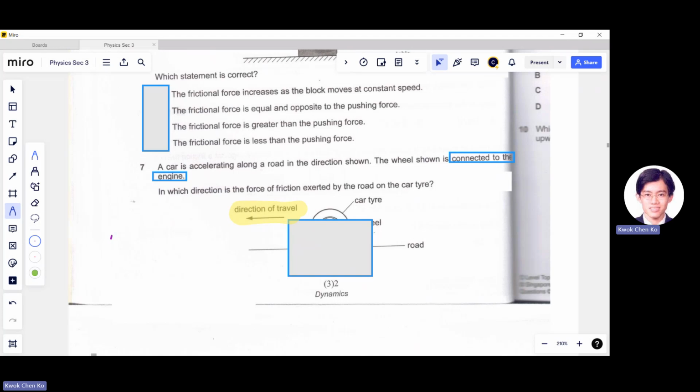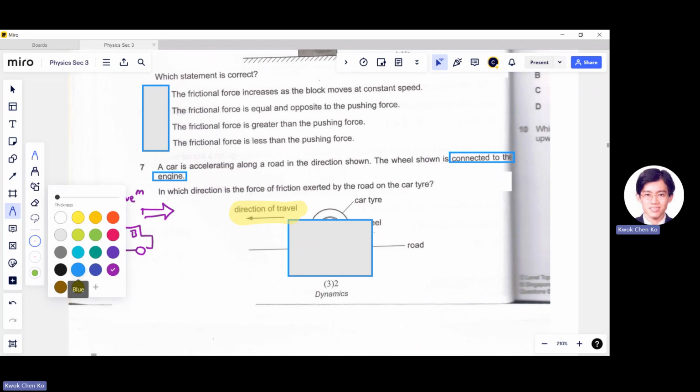Now, most of the time, we do not think too much about a car. We simply want to know its direction of travel. Let's say from left to right.